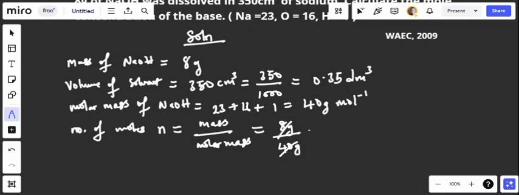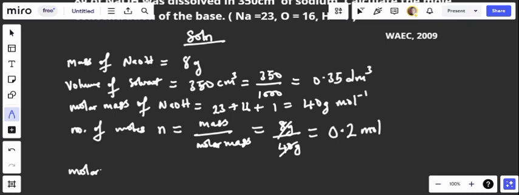When this cancels, you have 0.2 mole. So the amount of sodium hydroxide that actually took part in the chemical reaction is what? 0.2 mole. So now we have to calculate the concentration, molar concentration, sorry.